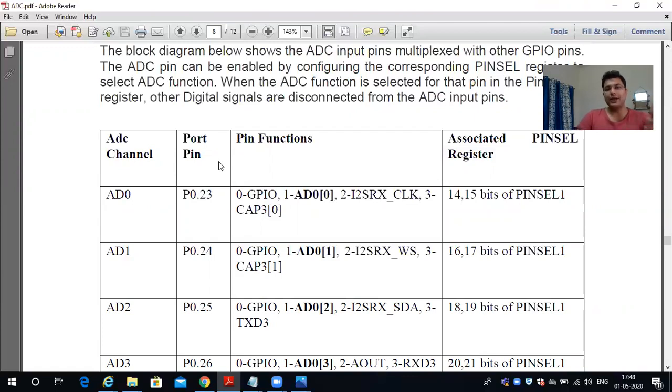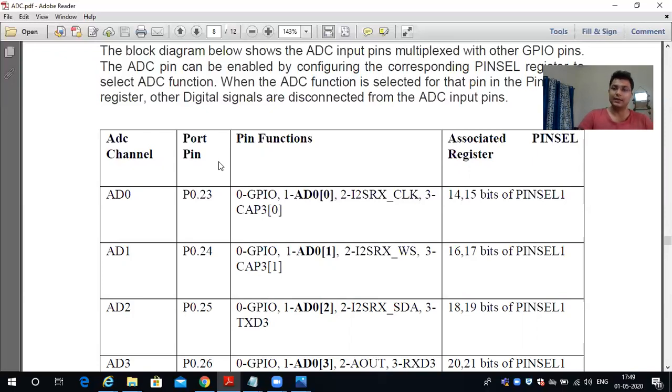And finally, we discussed the peripheral clock selection in relation with the core clock using the PCLK select 0 register or PCLK select 1 register. In the power configuration register, we require only a single bit. So just setting one single bit powers up the device.